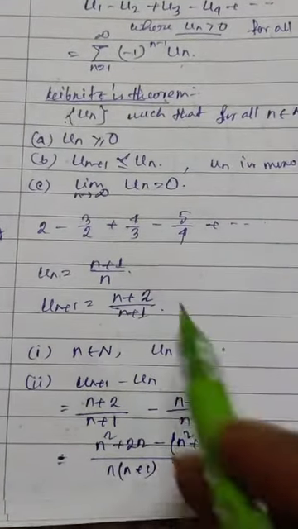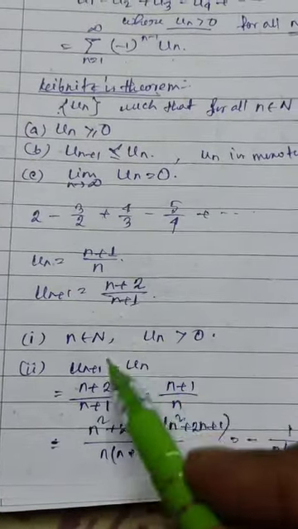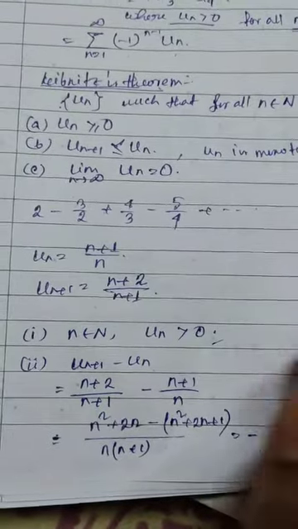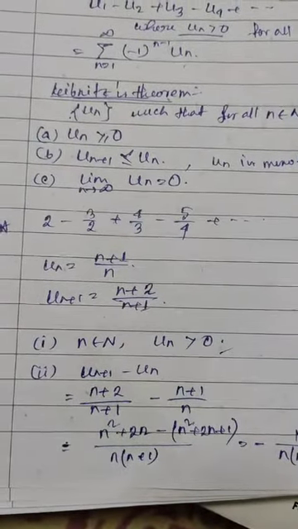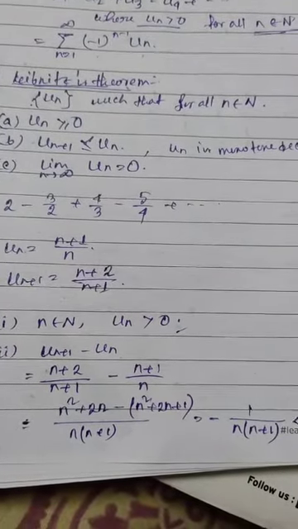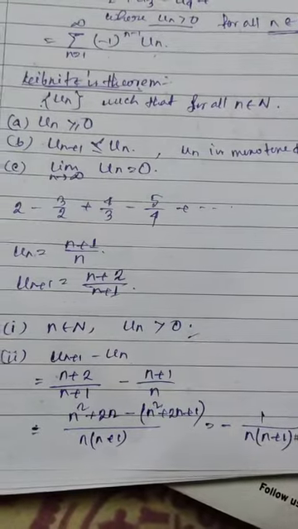So here un is equal to (n+1)/n. So we can say from here that for all n belongs to N, un is greater than 0. So the number 1 condition is satisfied. Now we have to check the second one, that is u(n+1) less than or equal to un, that is, whether un is monotone decreasing or not.